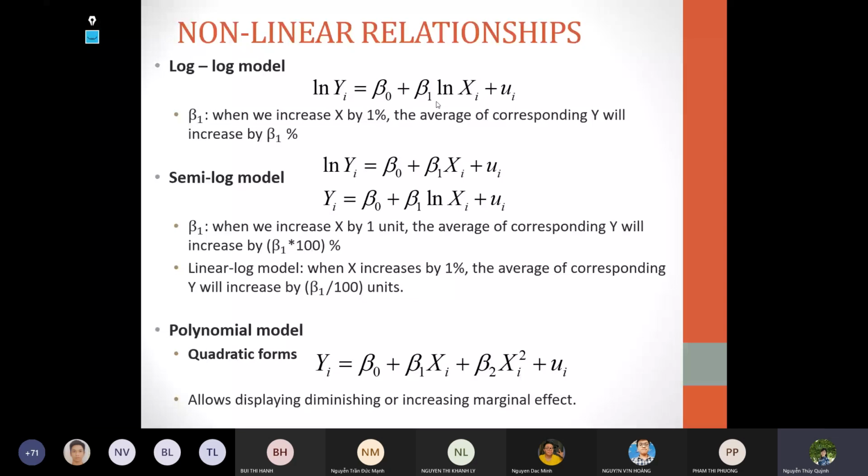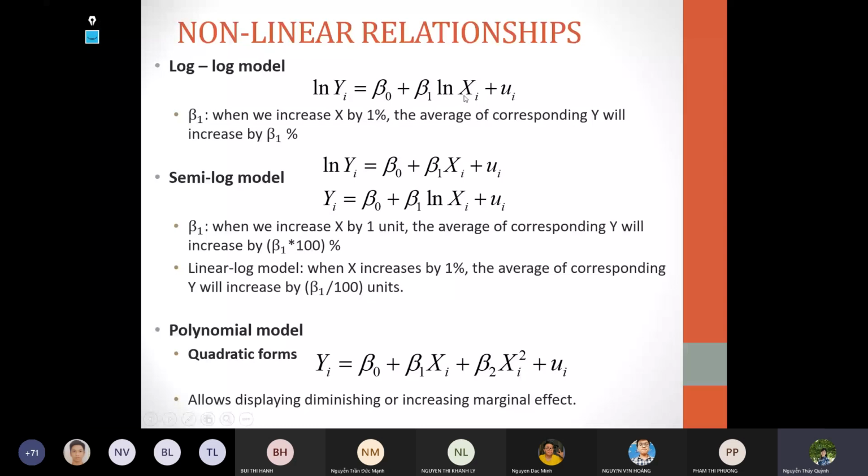Beta 1 here, the slope, tells us about the relationship between x and y. That is, when x increases by 1%, then y will increase by beta 1% on average. Remember that x here is not in a linear form.